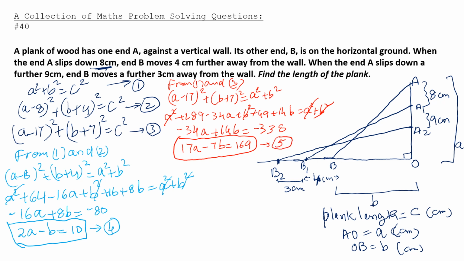And if I solve 4 and 5, there's a 7B and a B. If I multiply equation 4 by 7, I should get something that can cancel out.